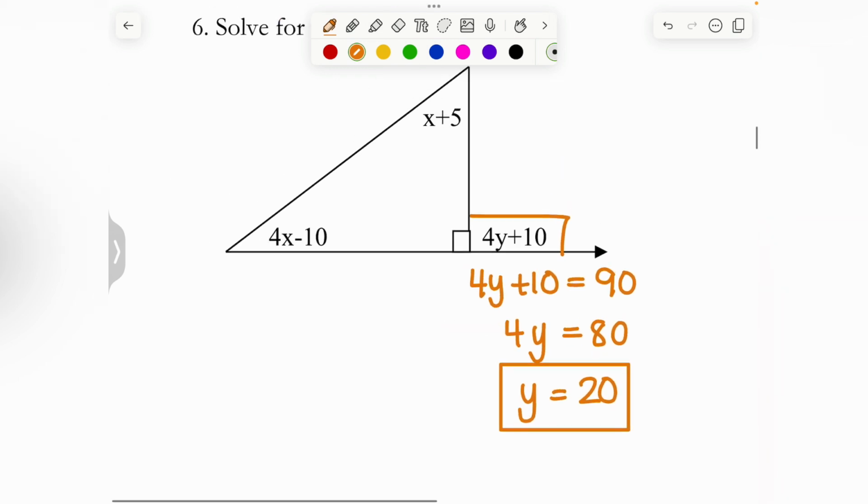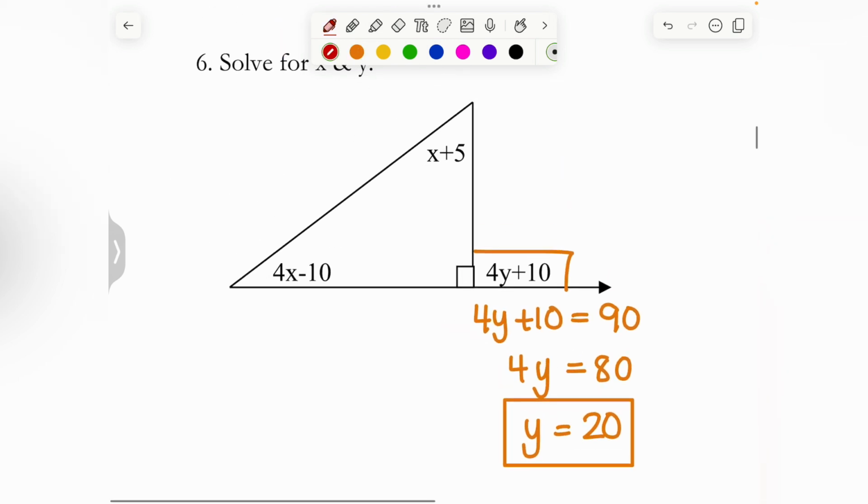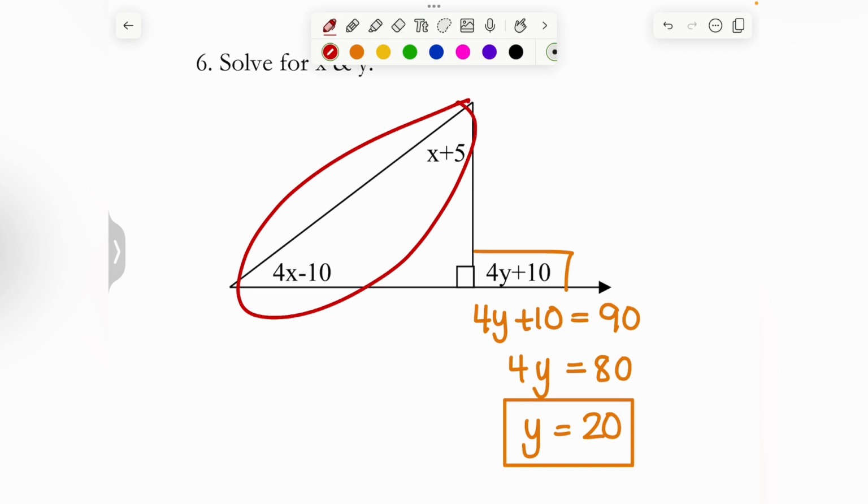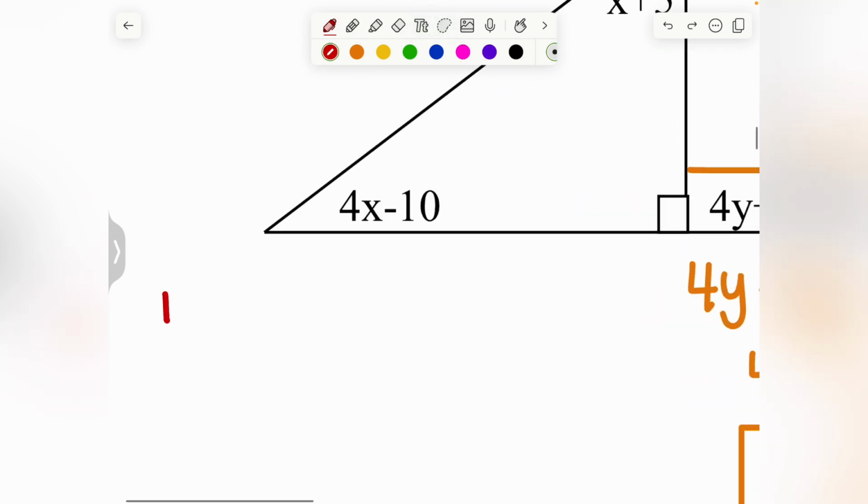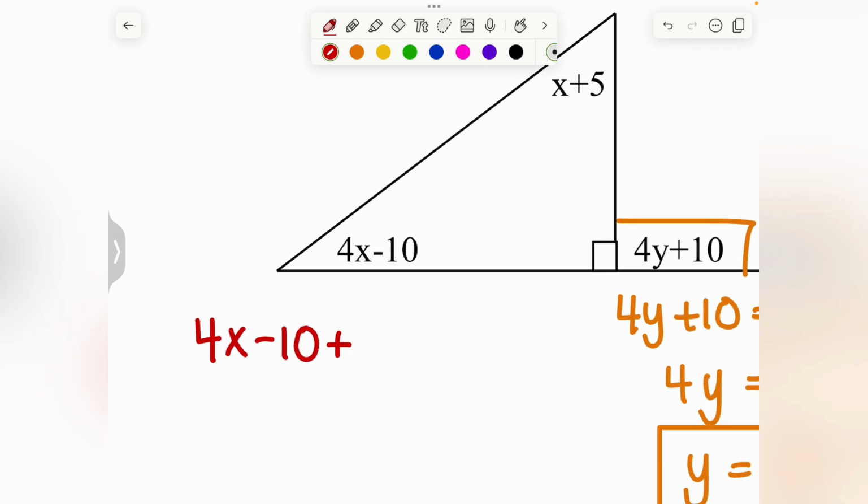Now, there's a couple different ways we can think about this. We do know this is a right angle, which we did learn that the other 2 angles have to add to 90, or you can think about it as the exterior angle theorem. The other 2 angles have to add to this one, which is 90. Either way you think about it, we're going to take these 2 other angles and set it equal to 90.